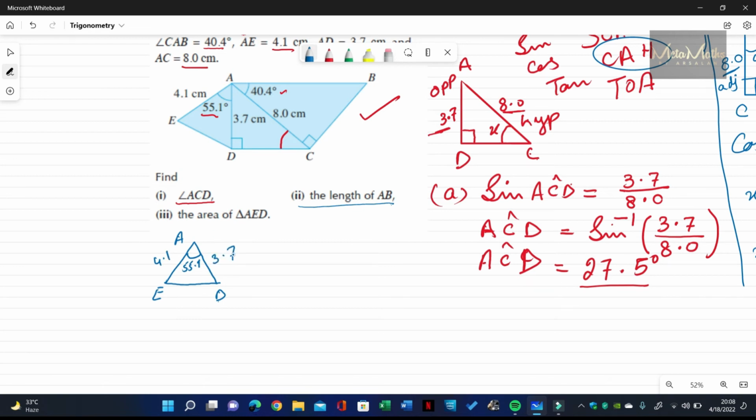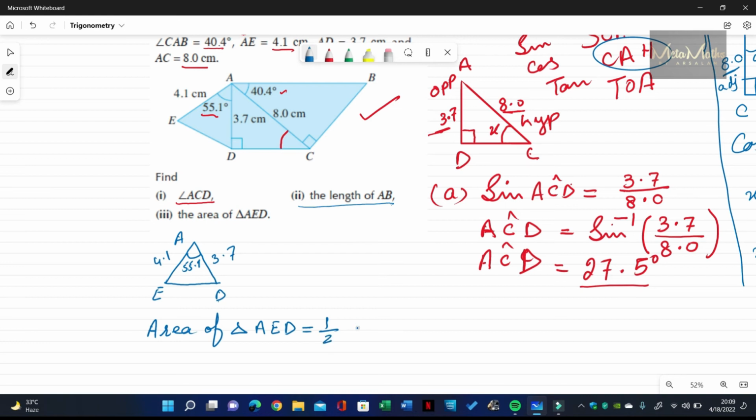Okay, because the triangle is not right angle, so I will use sine's area formula. Area of triangle AED is equal to 1 over 2.